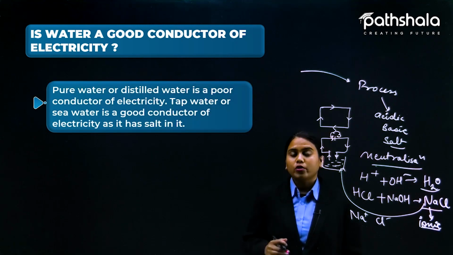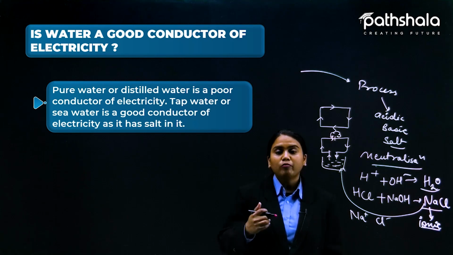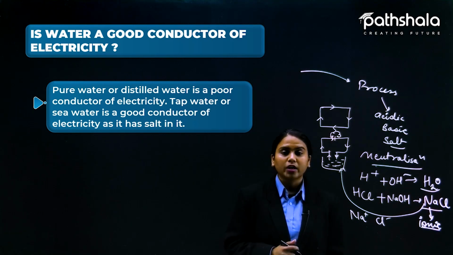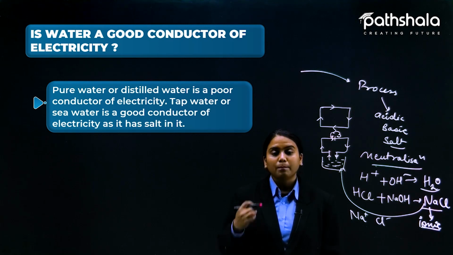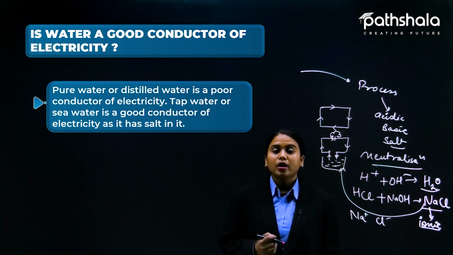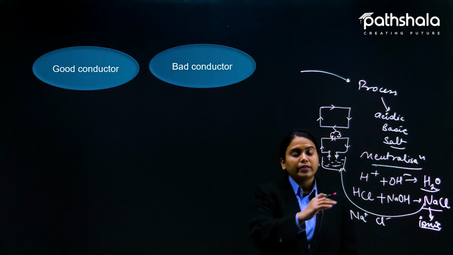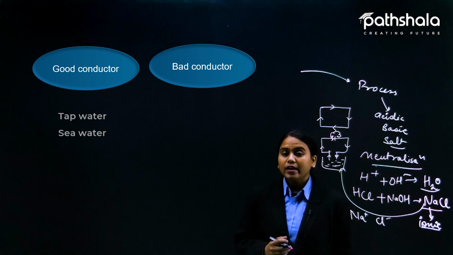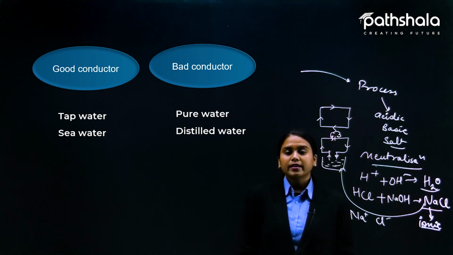So pure water or distilled water is a poor conductor, but tap water or sea water is a good conductor, because they have some salt compounds in them, and these salt compounds actually help conduct electricity. That is why good conductors are tap water and sea water, and bad conductors are pure water and distilled water.